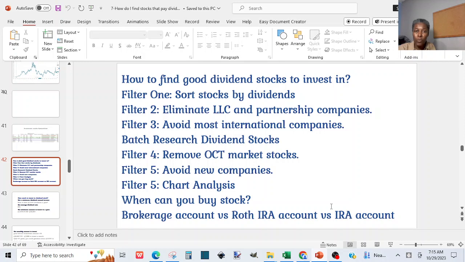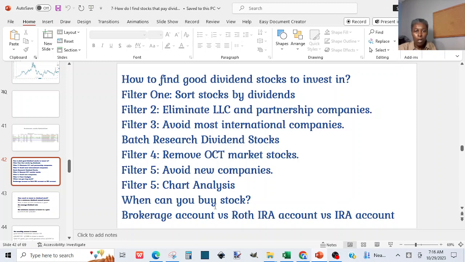So I want to make sure my money is put in a safe place. For that reason, I like to work with Charles Schwab. That's a good brokerage firm where you can purchase individual stocks on your own, and you can do that online.